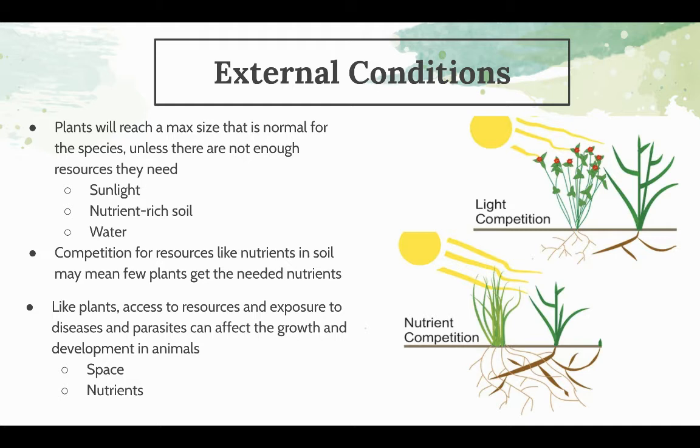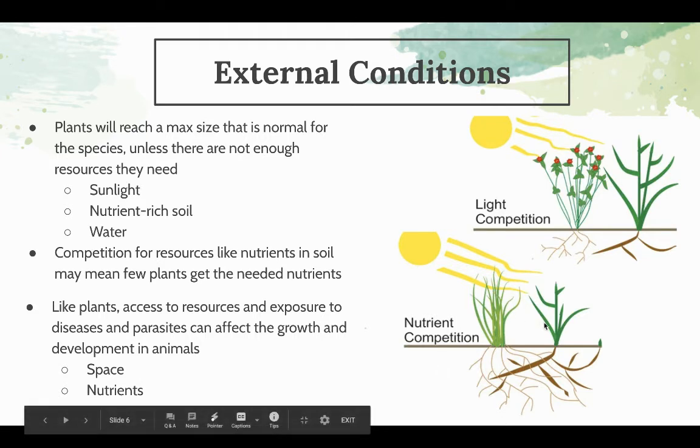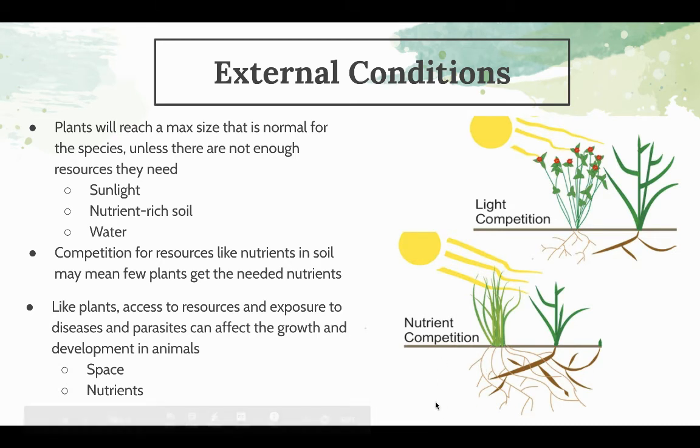So, for instance, if I pot 100 seeds in a little baby pot, not all of them can grow because there's not enough nutrients in that little pot. Okay? As you can see on this picture, that's exactly what's happening. There's competition between these two plants. There's not enough nutrients for the both of them.